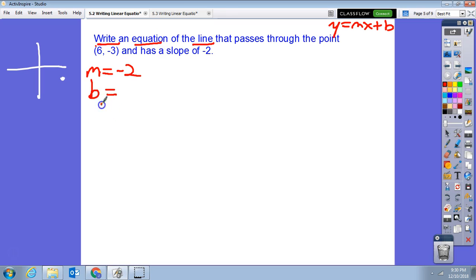What we are given here is 6 and -3 for our x value and our y value from another random point on the line. I'm going to show you 2 different ways that you can approach this problem.